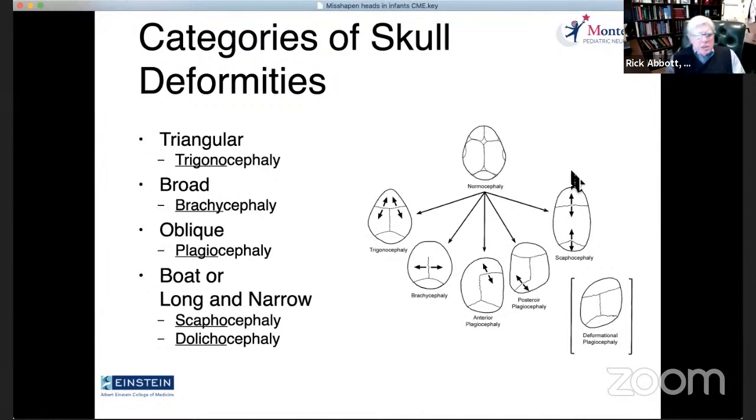When examining these children, it's best to look from the top down onto the vertex of the skull. And you can see the normal head or the various craniosynostoses or the deformational plagiocephaly all have characteristic shapes. One does not need to get x-rays or CAT scans on children that are being evaluated for skull abnormalities. All one needs to know is the patterns that are characteristic for the various conditions.